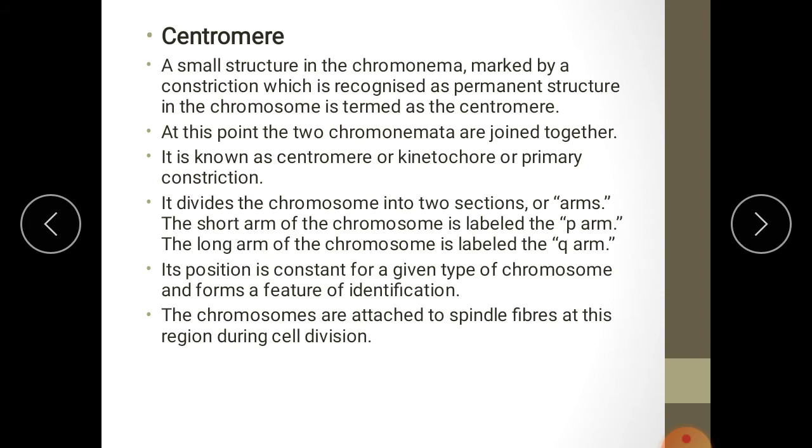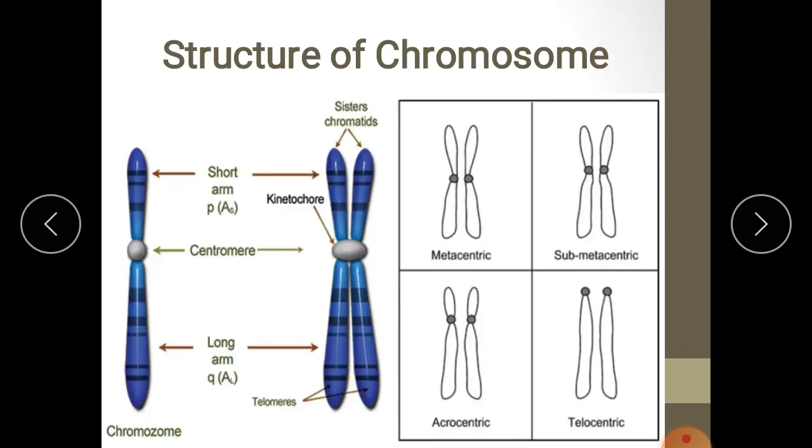Centromere. What is the centromere? A small structure in the chromonema marked by constriction, which is recognized as a permanent structure in the chromosome, is termed the centromere. So this one is the centromere. Can you see here?